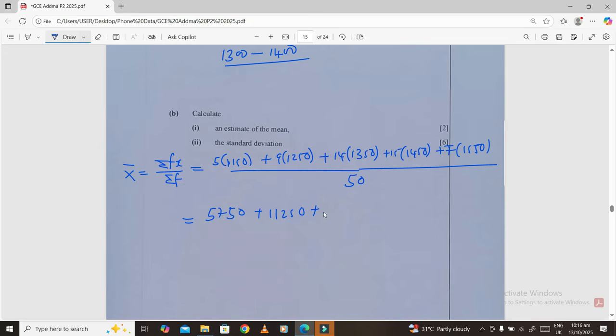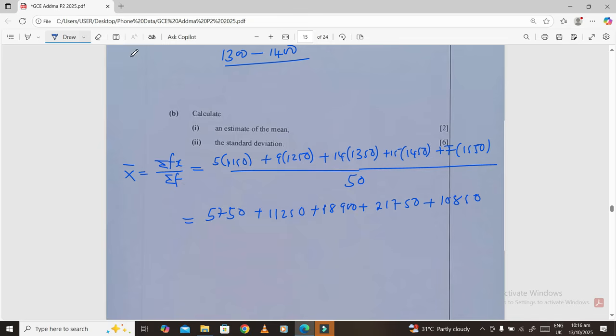This of course is giving us 18900. 15 times 1450 of course is giving us 21750. 7 times 1550, we are getting something like this.